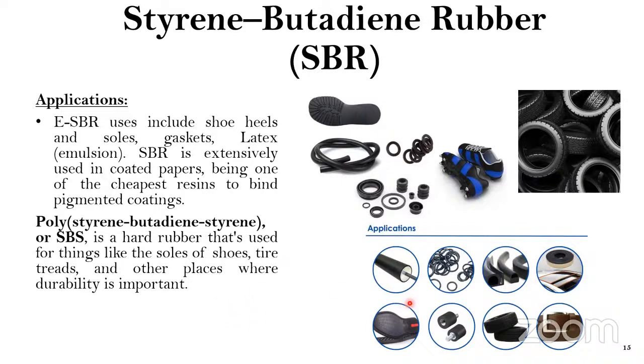Means if you want that particular material to have a longer durability, you want to use it for quite a long period of time, then you can use the solution SBR, because they are quite hard rubber.